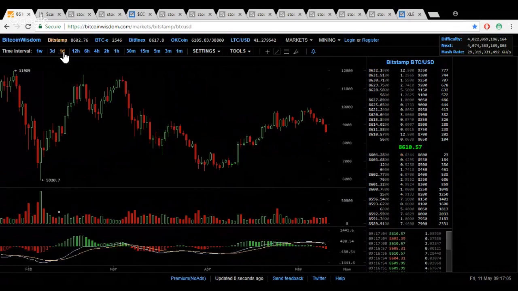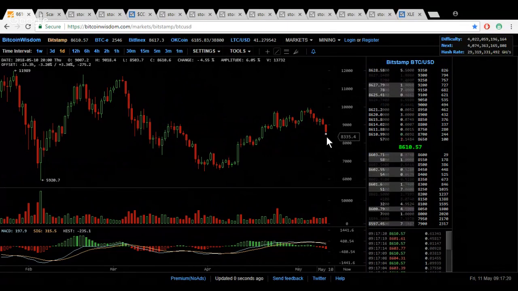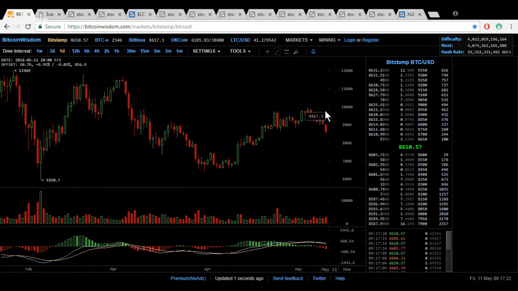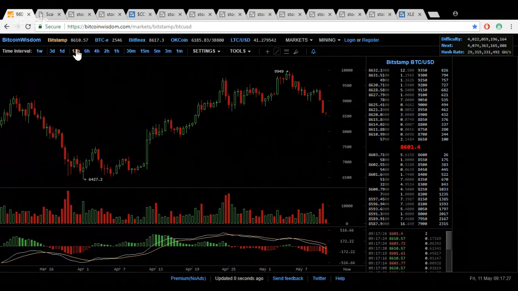On the daily, it turned negative 4 days ago, and the histogram is beginning to enlarge into the downside, and that's going to be hard to turn around with this present activity over the last number of days.